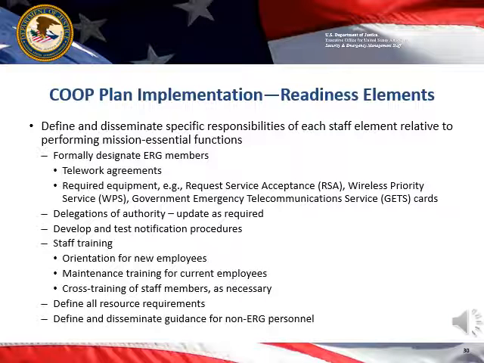To ensure that all EOUSA employees understand their roles and responsibilities before, during, and after a continuity event, EOUSA has incorporated continuity training in all new employee orientations and annual training requirements. In addition to yearly training, the plan requires that all employees be equipped with the necessary equipment and administrative support to prepare for a continuity event.